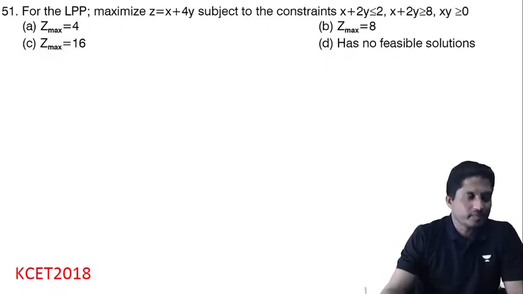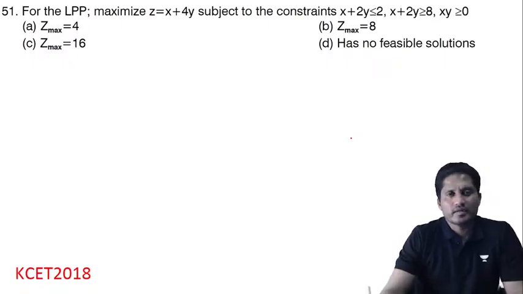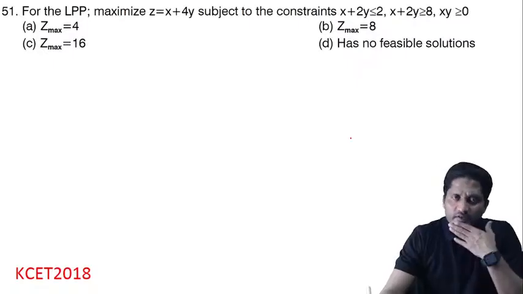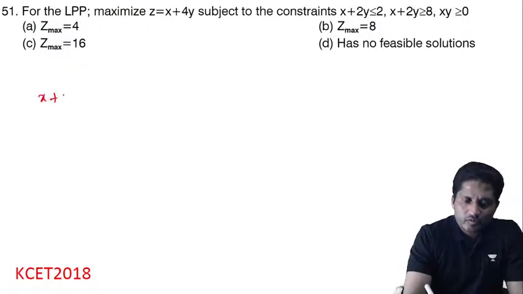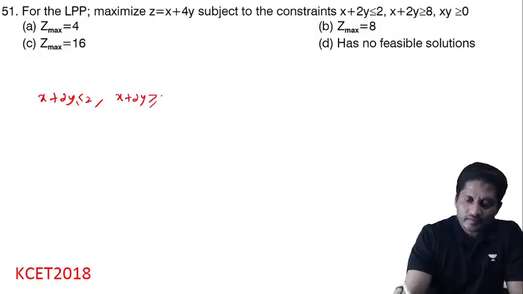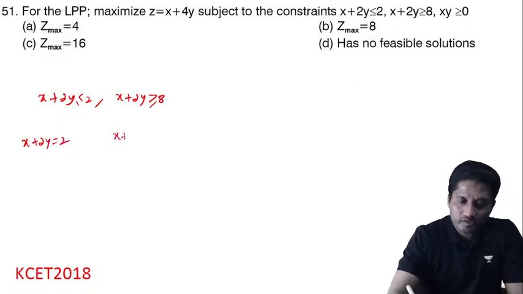Two questions on LPP in 2000 paper. Z is equal to x plus 4y subject to the constraints x plus 2y less than or equal to 2, right? And x plus 2y greater than or equal to 8, right? So here x plus 2y is equal to 2. Consider x plus 2y is equal to 8.